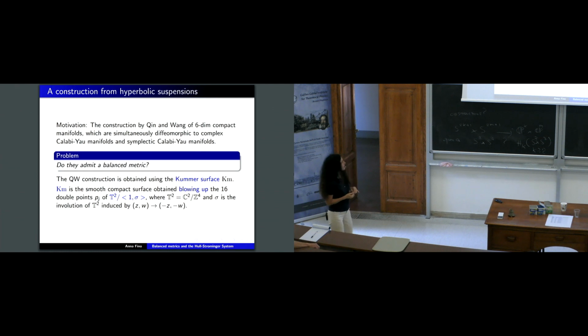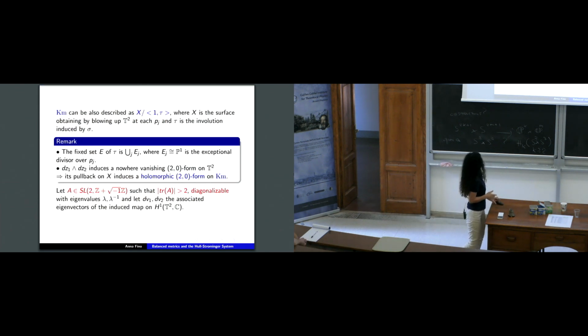We consider the Kummer surface. That's a smooth compact surface that you obtain by blowing up. You just take T2, the complex 2-torus, and take the involution induced essentially by multiplication by -1, and then you blow up the 16 double points. But you can also describe it in other ways, which are exactly equivalent.